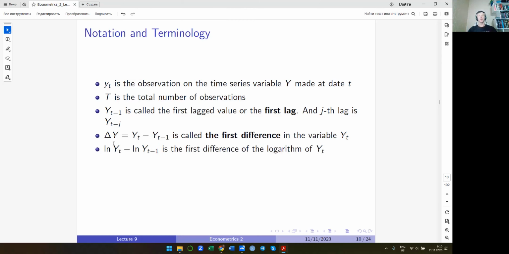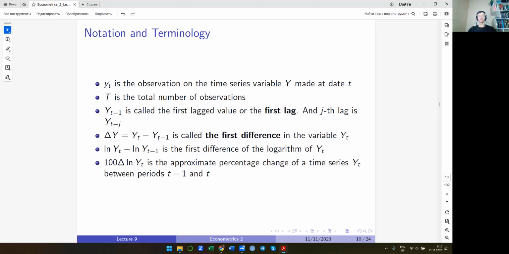Now, when we take logs of these random variables and take their difference, this is called the first difference of the logarithm of Y_t. Well, probably it is not that obvious why we are using this, but when we multiply this delta of logarithms by 100, it is going to be the approximate percentage change of the time series Y_t between periods t minus 1 and t.